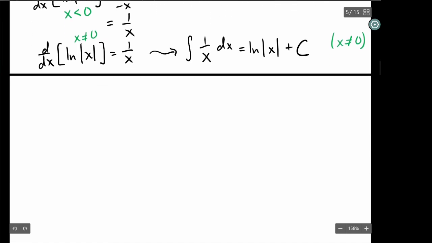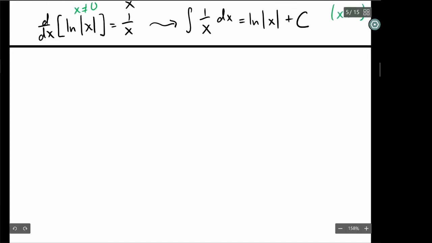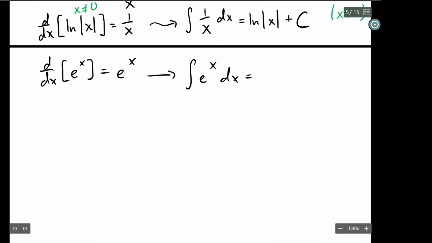Let's look at a couple other common rules we had. Say the derivative of e to the x is just e to the x. So when we integrate e to the x, of course, we're just going to get e to the x back, but with our plus c now.